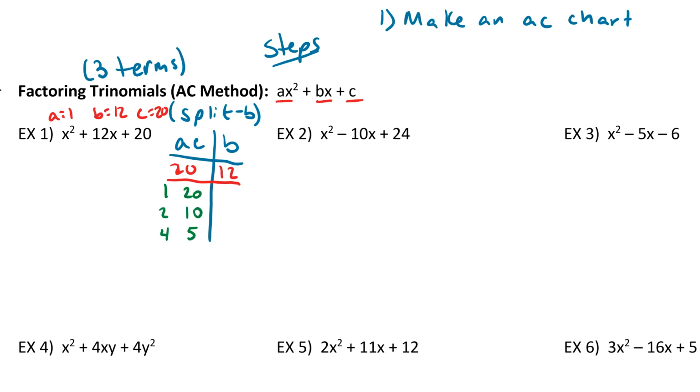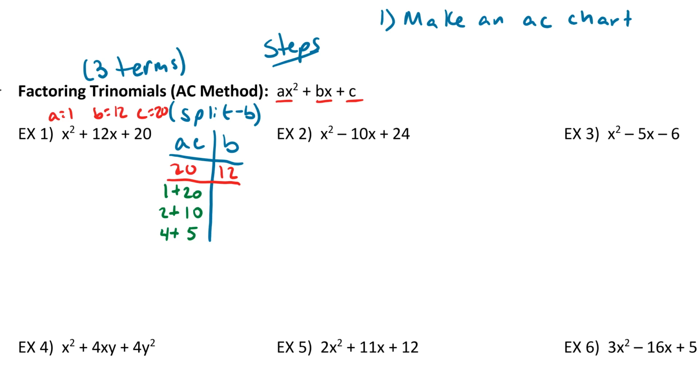Now, this is normally the part where we would talk about signs. However, since everything in this problem has been positive so far, we're just going to make everything positive. And in the next example, when everything's not positive, we'll talk about how to deal with signs right here. And then we add each of these 3 rows up.